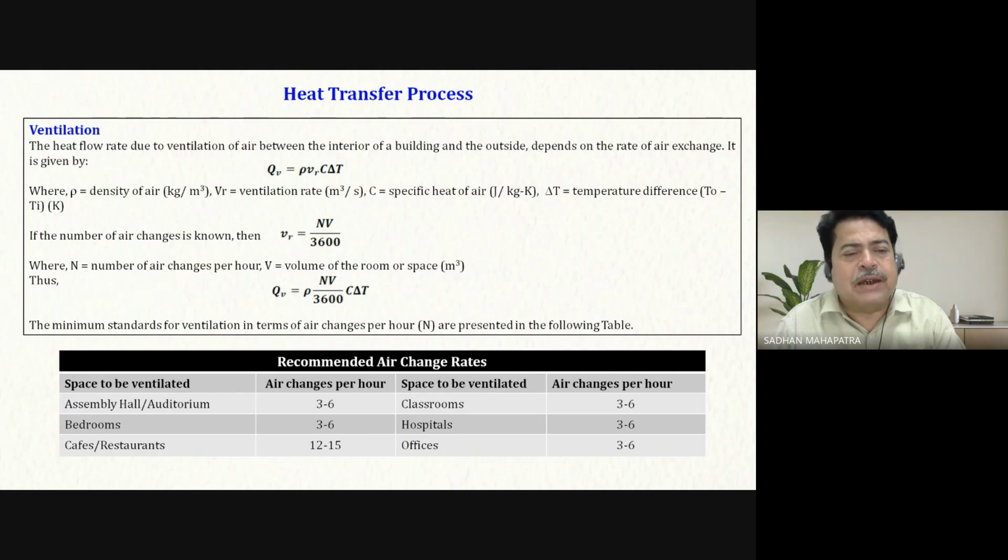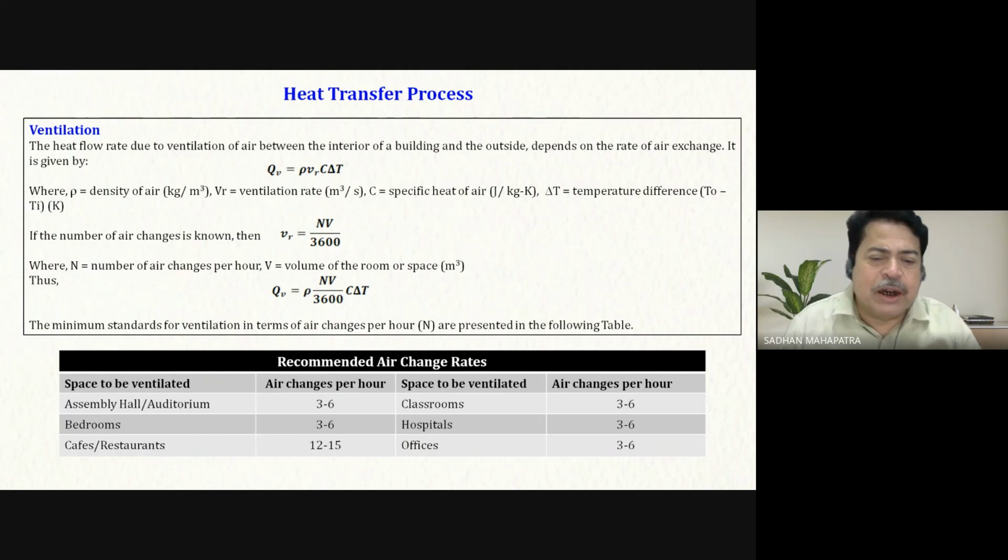If the number of air changes is known, that is N, number of air changes per hour, and V is the volume of the room or the space, meter cube. So if I replace all these, Qv is rho N V by 3600 C into delta T.